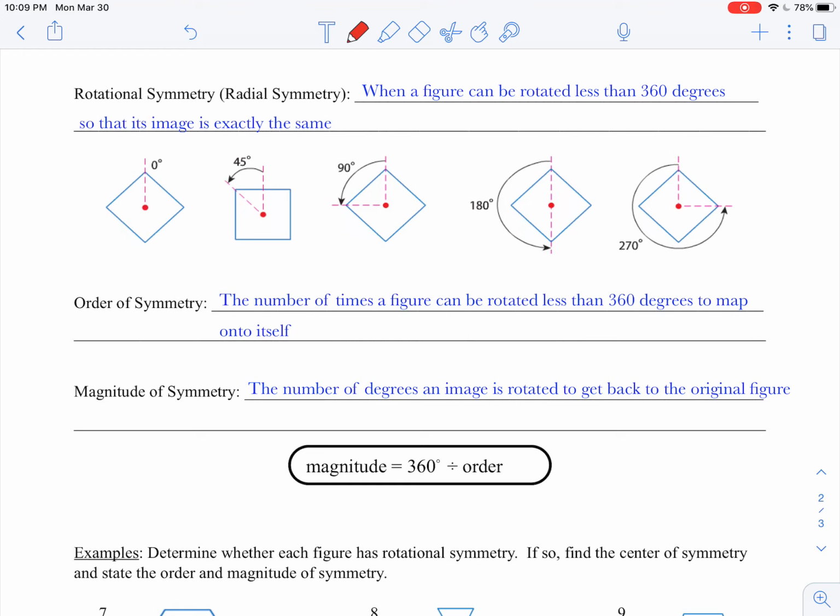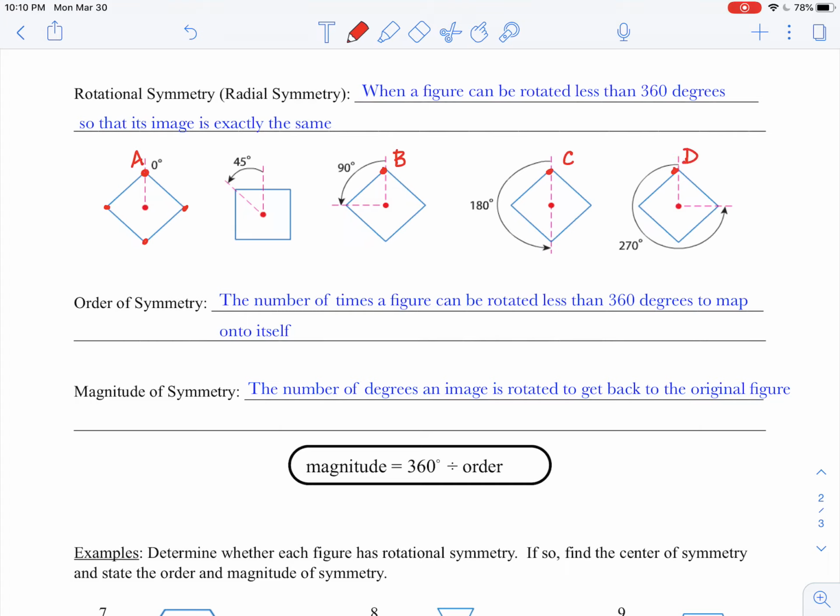If you look at a very basic shape, a square has an order of 4. There are 4 different ways to turn the square and have the exact same image. Imagine the 4 vertices of the square. Each one of them essentially gets a turn to be at the top of this figure.